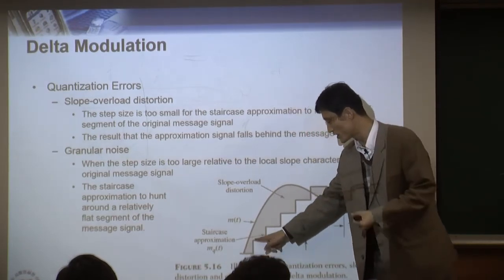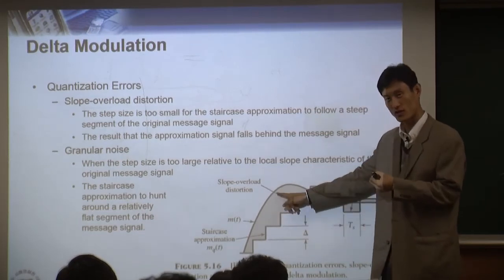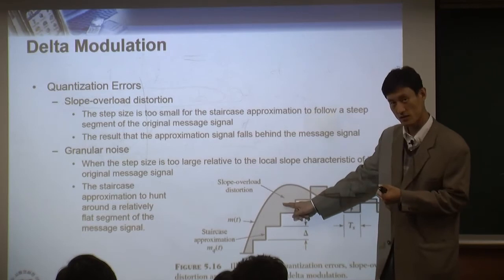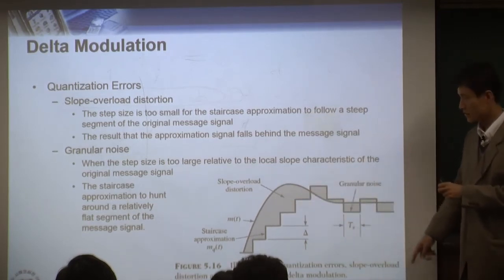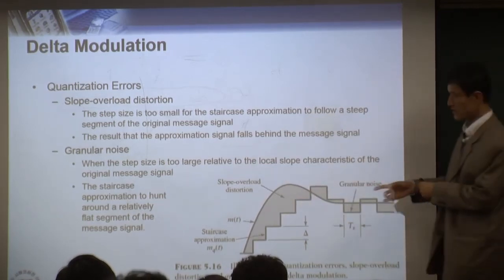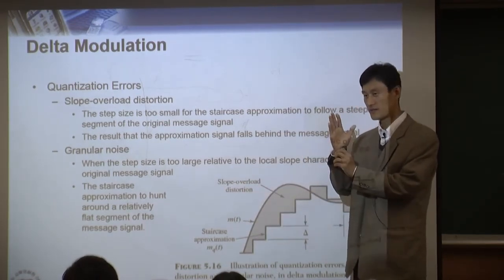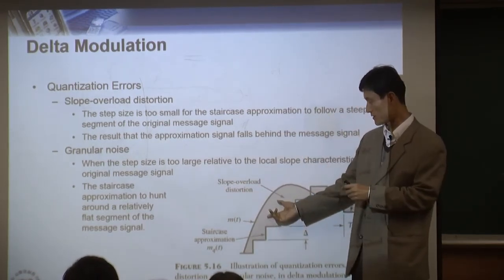This is the maximum you can do, the best you can do to catch. So in that case, you see this colored region, right? This colored region is error. This is a big error, right? So that's the slope overload distortion. Your slope is too fast. That's what it means.